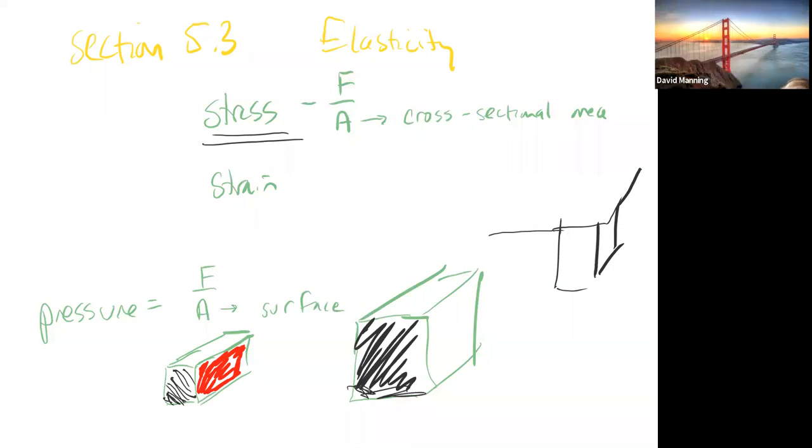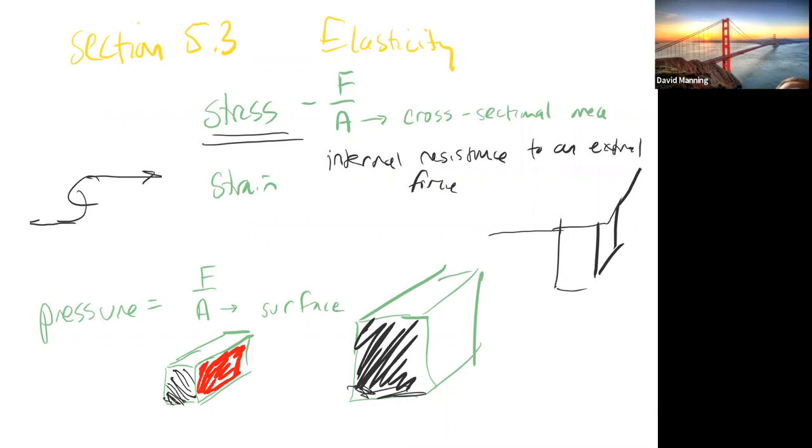Stress happens internally. It's an internal resistance to an external force. It's like having two things hooked together and you're pulling them apart. That's where the stress occurs.